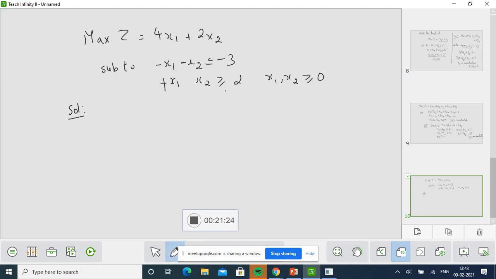Minus x1 will become plus x1, and minus x2 greater than or equal to 2 will become less than or equal to 2, when you multiply. So now this is of the required format. We have got the maximization problem the way we need it.